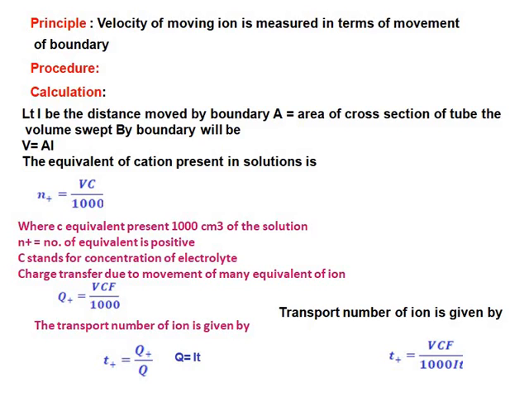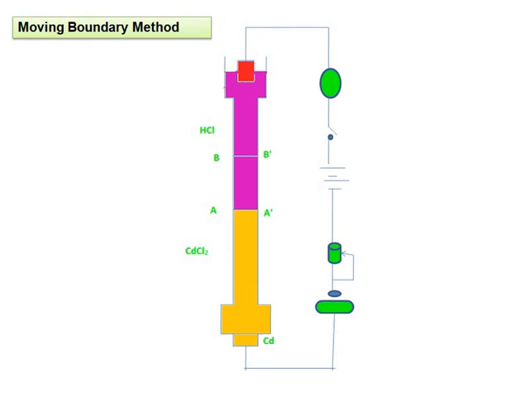In this diagram, a vertical glass tube is fitted with a cadmium electrode sealed at the base of the tube, acting as the anode.